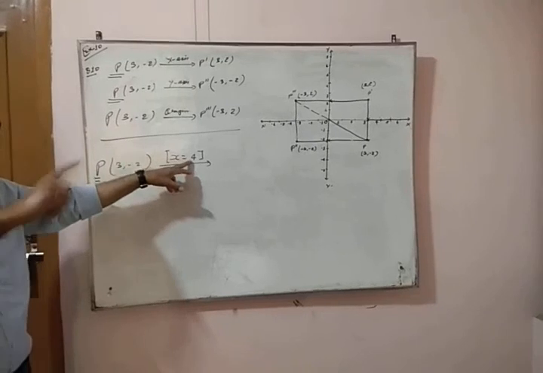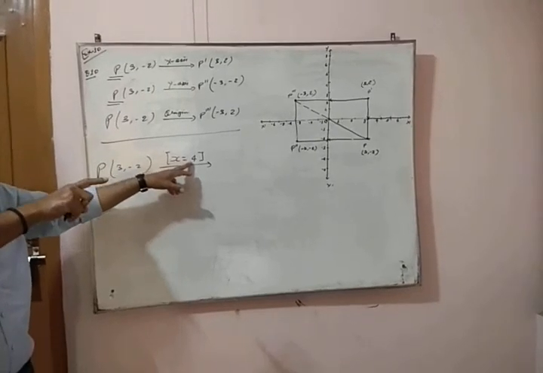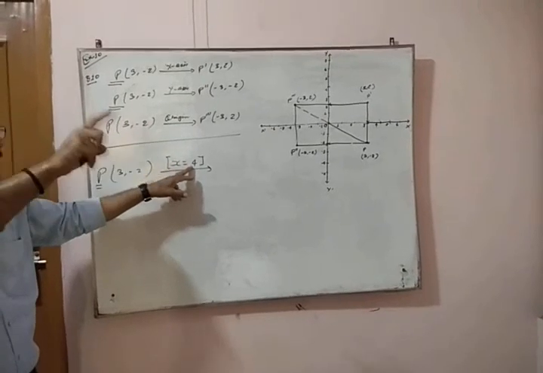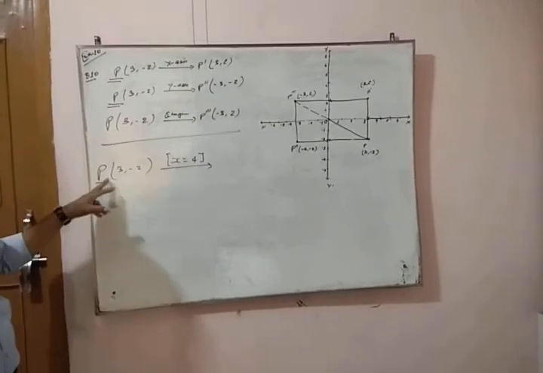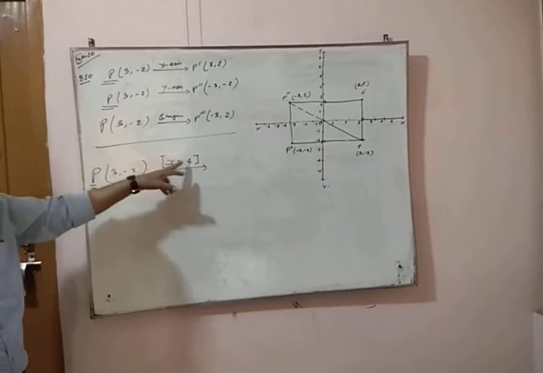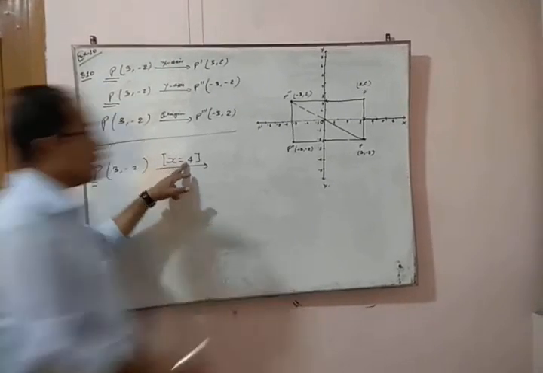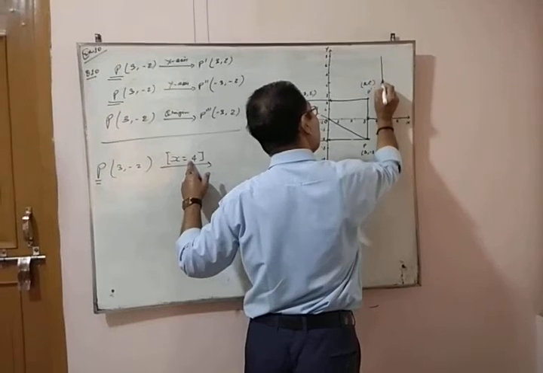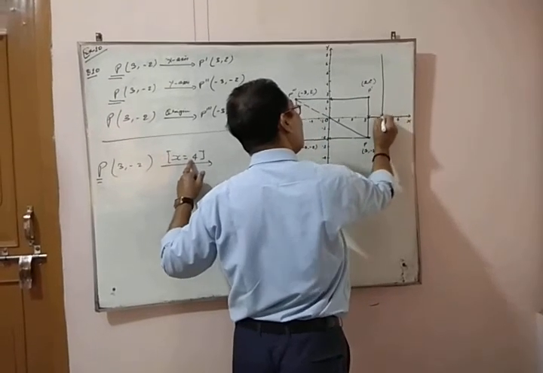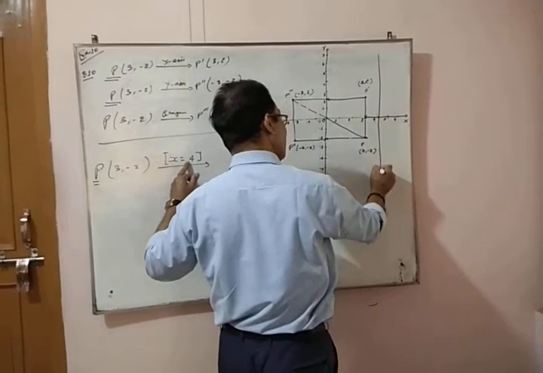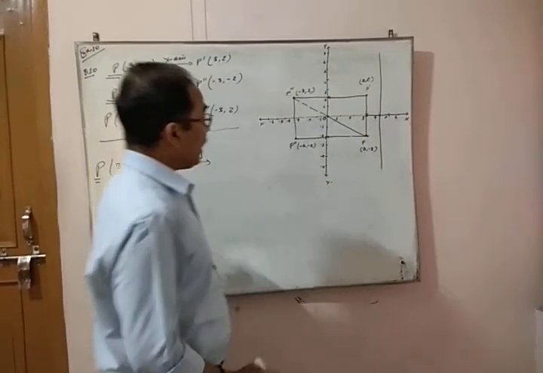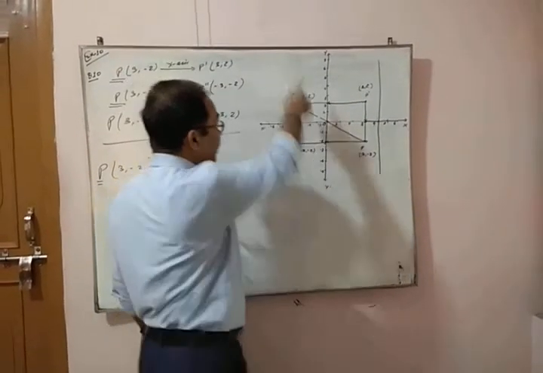For this particular question, you have to draw a freehand diagram or use graph paper. Plot the point. Draw this line x equal to 4. So this is your x equal to 4 line. You draw the line perpendicular to the x-axis at the point 4, parallel to the y-axis.